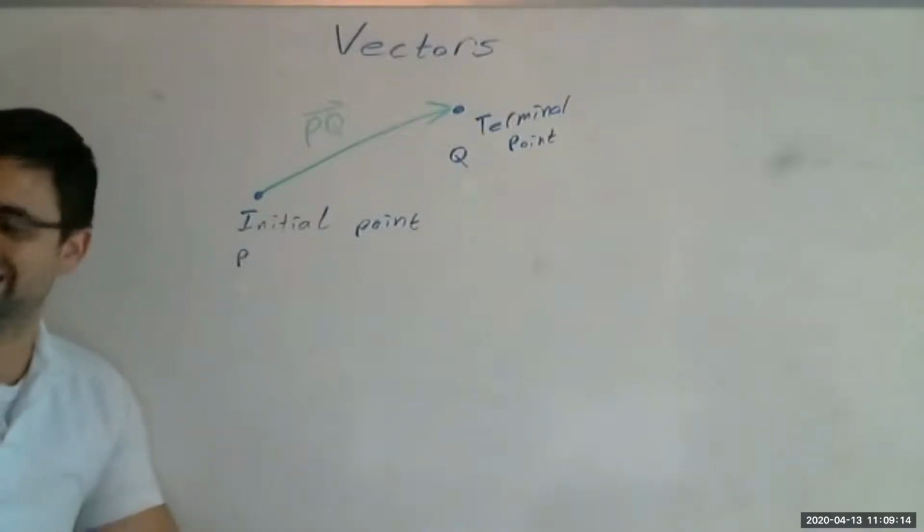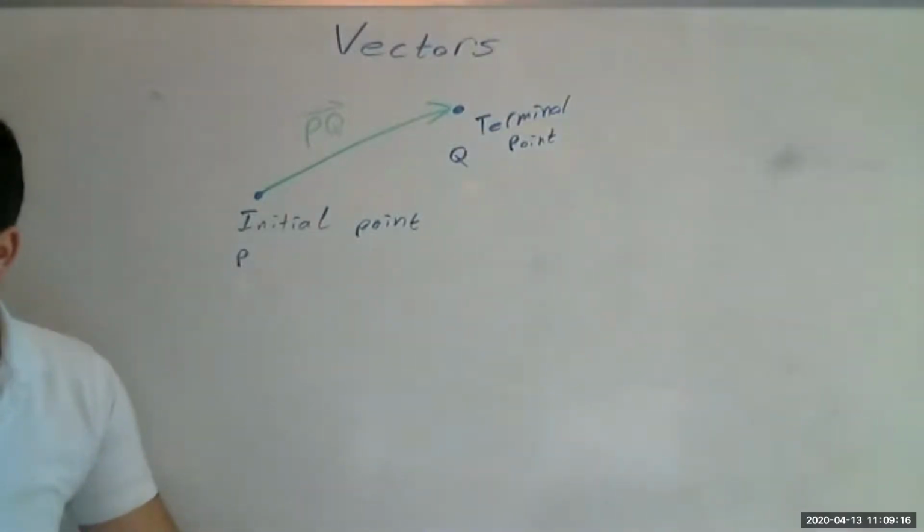How do you find the distance between point P and point Q? Somebody, anybody?